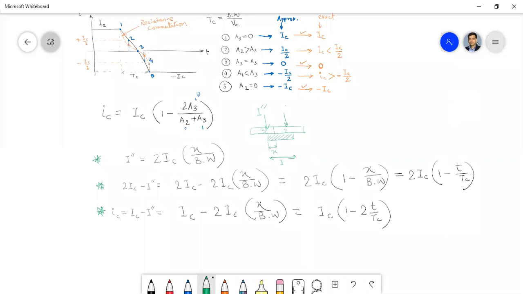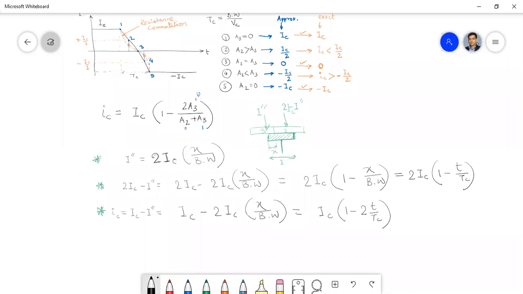Sir, it has been derived from the equation small IC is equal to capital IC into 1 minus 2A3 by A2 plus A3. And we have substituted the values of TC is equal to BW by VC. Now, how are we getting this expression, I double prime equals 2IC into x by BW? How are you getting this expression?